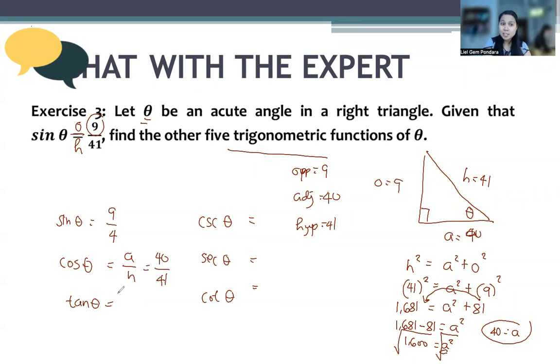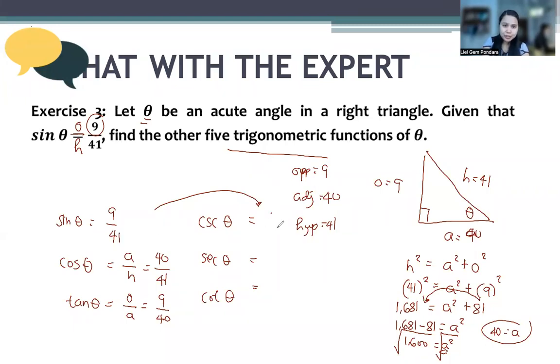How about the tangent? Tangent theta, what's the value? That's TOA. That's 9 over 40. Very good, Janine. Next, since we have the sine, we only need the inverses for cosecant, secant, and cotangent.